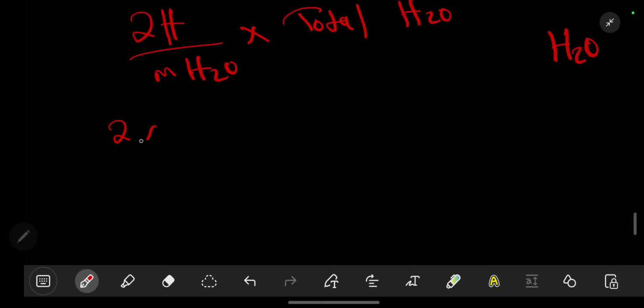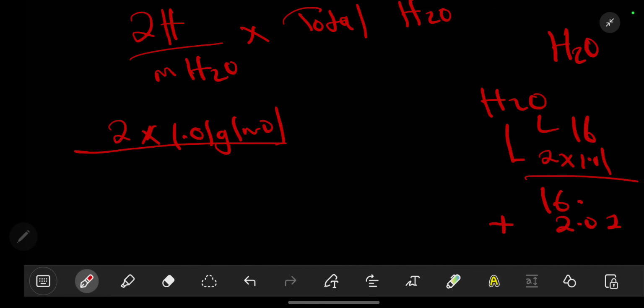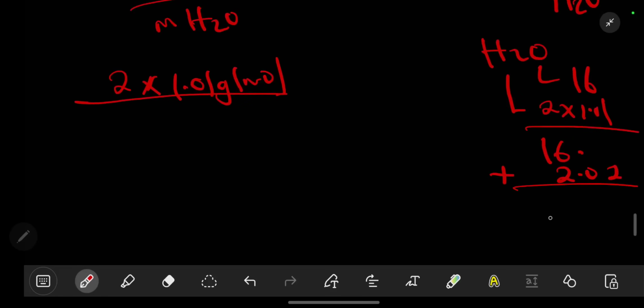So we have 2 times, if you look at your periodic table, the molar mass of hydrogen, 1.01 grams per mole, over the molar mass of water, which is 16 plus 2 times 1.01. So 2 times 1.01 gives 2.02. When you add 16 plus 2.02, this gives us 18.02 grams per mole.